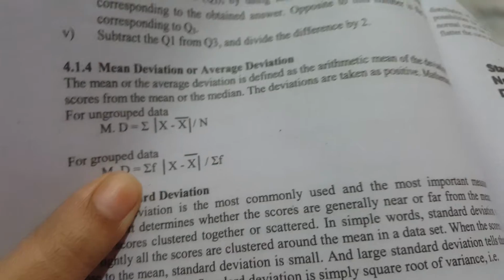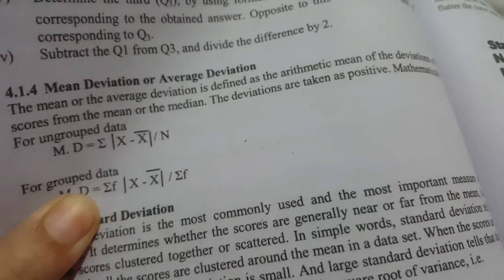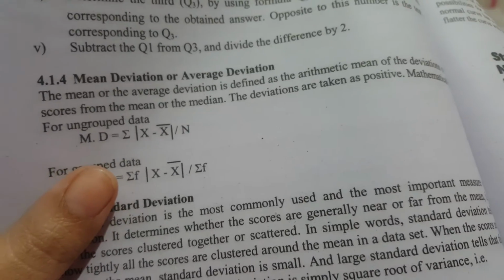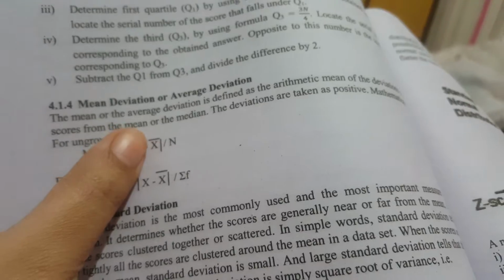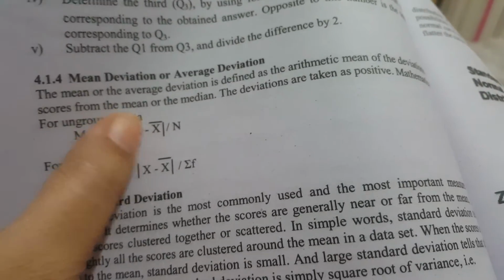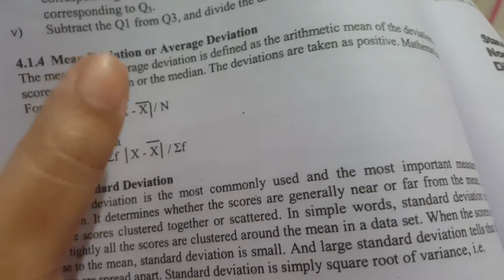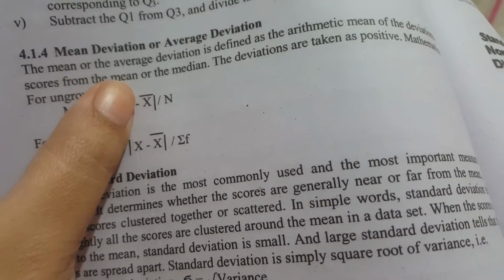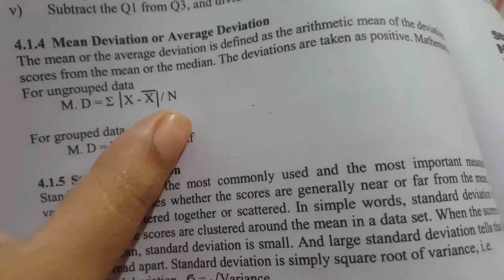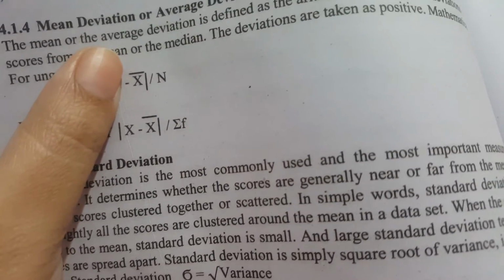Mean deviation is defined as the arithmetic mean of the deviations of the scores from the mean or the median. What is mean and what is median? Mean is basically that we sum all the values and divide by the total number of values, and we get the mean.